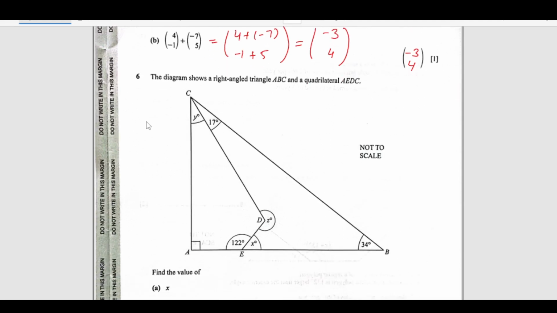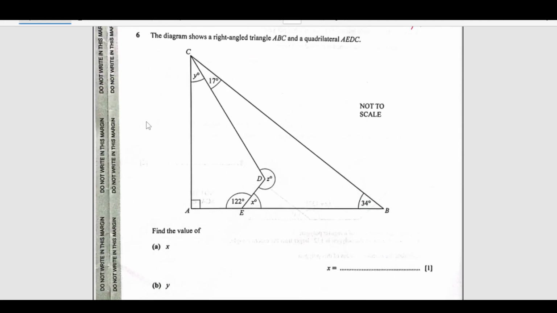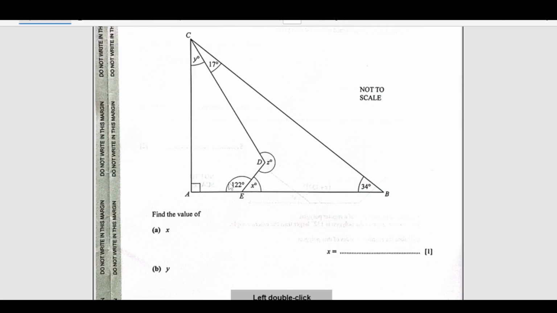Now number 6, we have here the diagram shows a right angle triangle ABC and quadrilateral AEDC. This is the right angle, this bigger triangle ABC, and we have a quadrilateral AEDC, this one. Find the value of x. First of all, let's find out the value of x here. As you can see, this is a straight line.